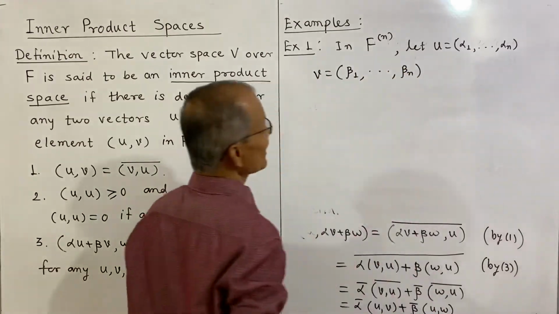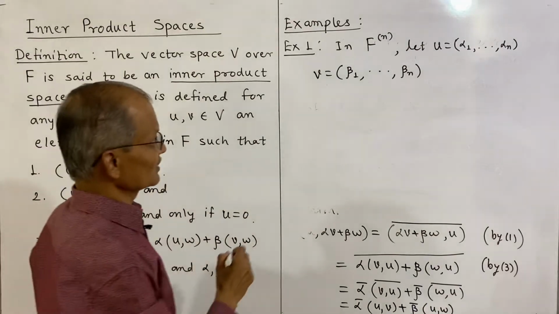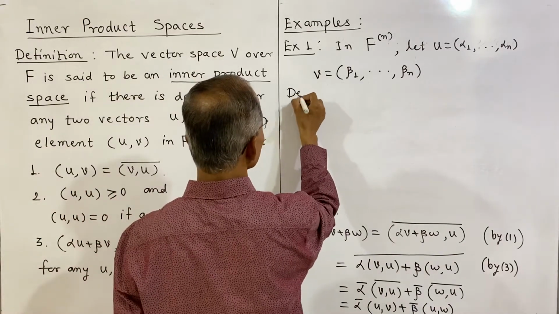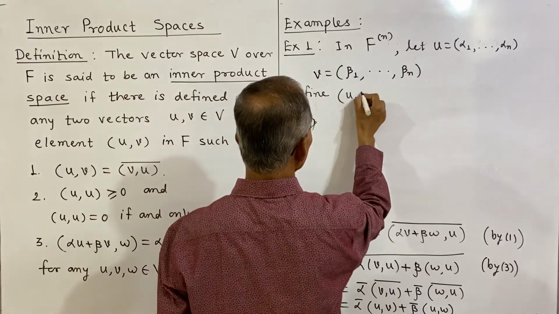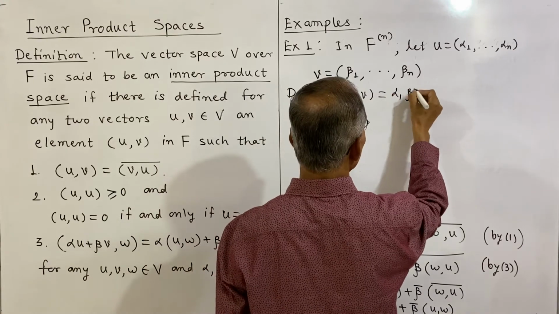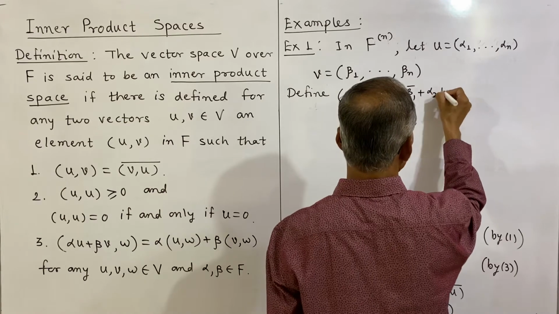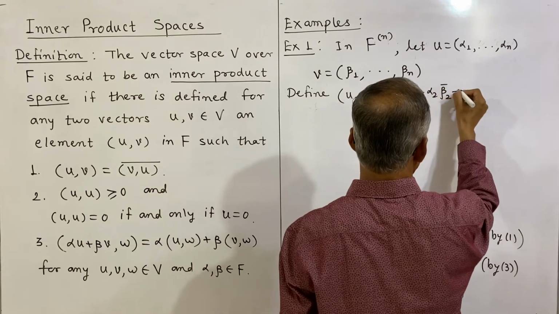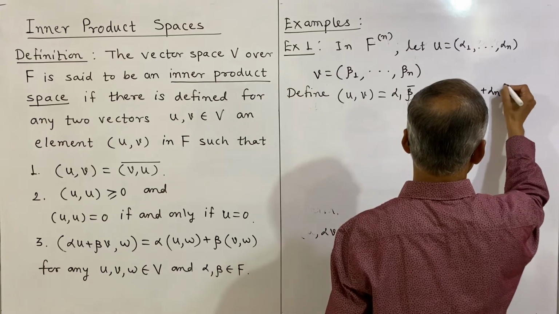Now we define the inner product between u and v as alpha 1 conjugate of beta 1, plus alpha 2 conjugate of beta 2, and so on up to alpha n conjugate of beta n.